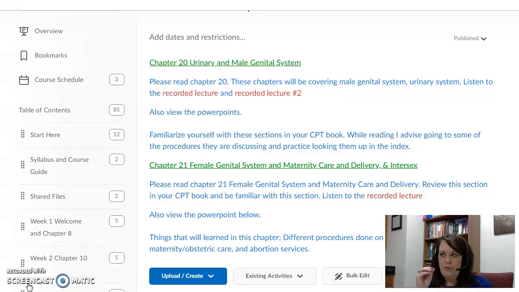So if you go to the wrong area and start at the wrong area in the back of your CPT book, in the index, you have a completely wrong code, which is going to be a completely wrong charge. That's going to cause a lot of issues, that one little ripple that then turns into a wave. So really make sure you take time and go through this very slowly.